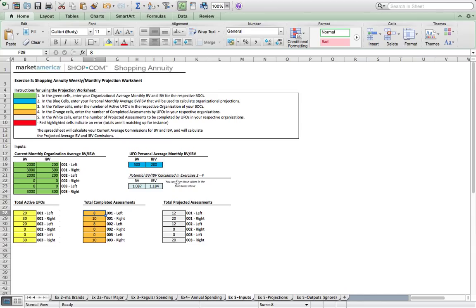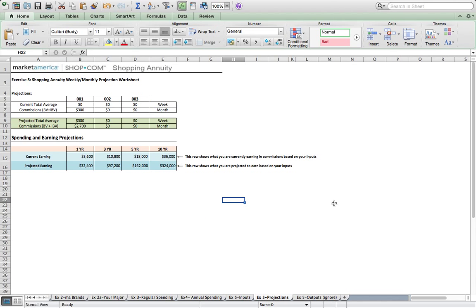So you may be at a place where you can do above what the statistical average is. So we're going to leave those alone. Those are preset and pre-calculated from all the assessments that you've taken before. And the last thing you're going to want to do is go to the bottom tab where it says Exercise 5 Projections. You're going to click on that tab, and it's going to show you your business today and where it could be implementing the shopping annuity.